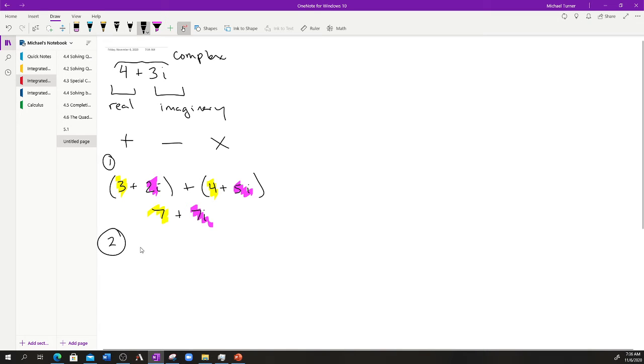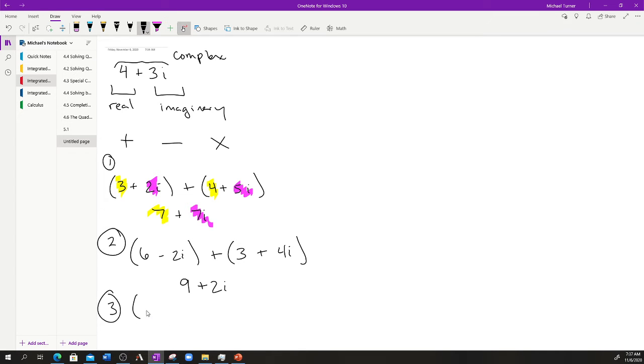Pretty simple. So 6 minus 2i plus 3 plus 4i. So as always, you just want to be careful when you're combining like terms, and especially if there's different signs involved. But 6 plus 3 gives me 9. And negative 2i plus 4i gives me 2i.